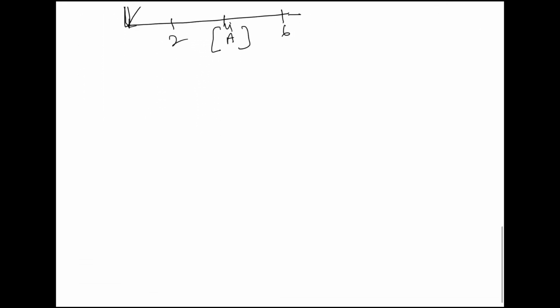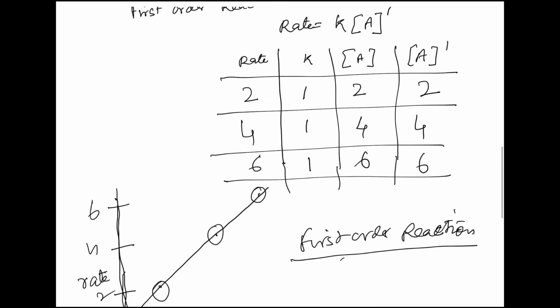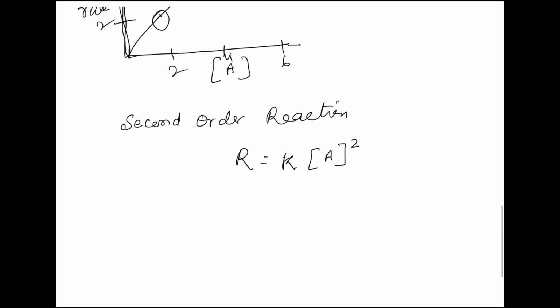Now we come on to second order reaction. For second order reaction, we know that rate is equal to constant into A raised to the power 2. Again we draw a table of values: rate, K, A and A square.